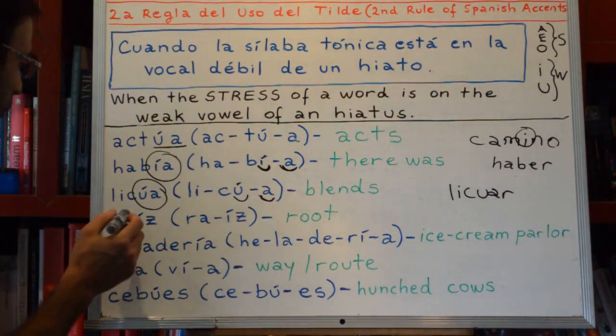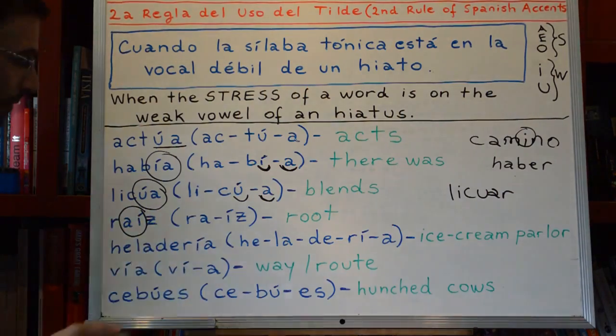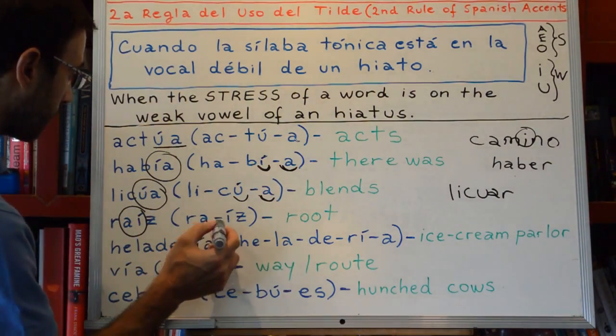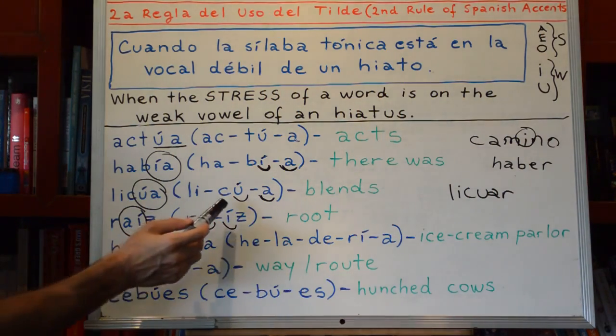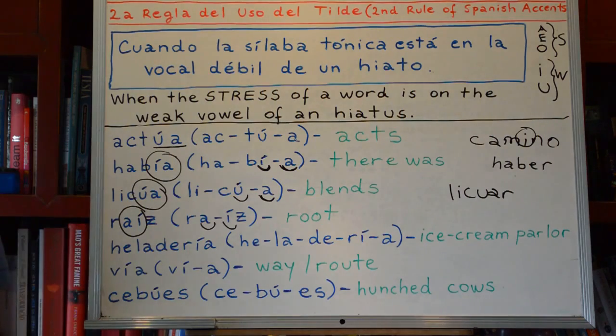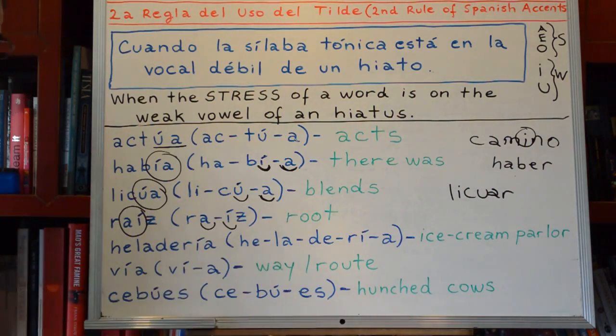So, here we have another hiatus, A and I. They are separated in different syllables. And the I, which is the weak vowel, is where the accent or the stress or the intonation goes, okay? Raíz, raíz. So, therefore it carries a tilde.